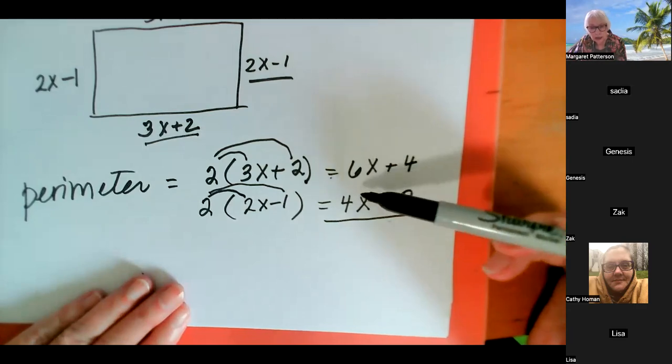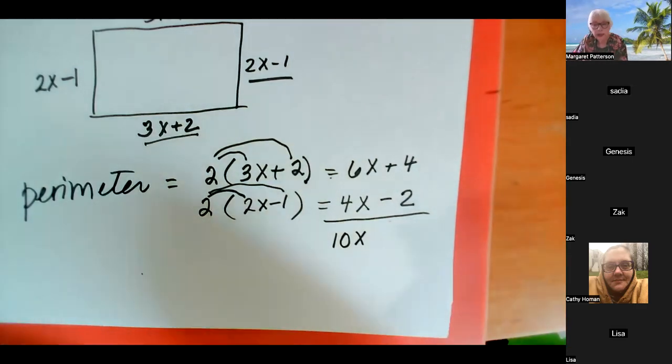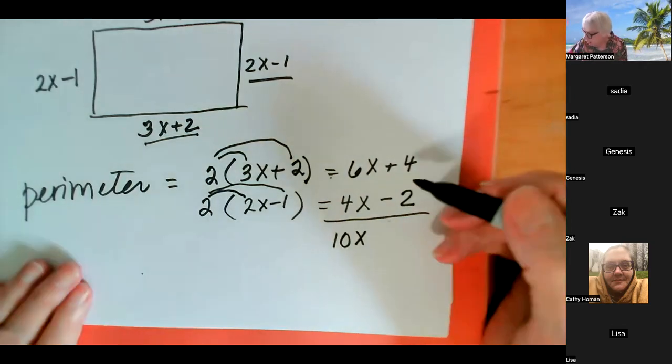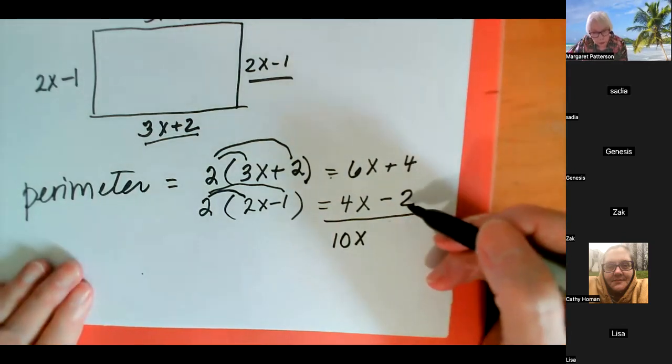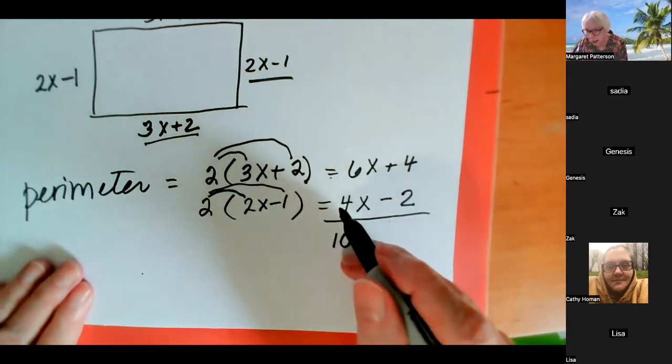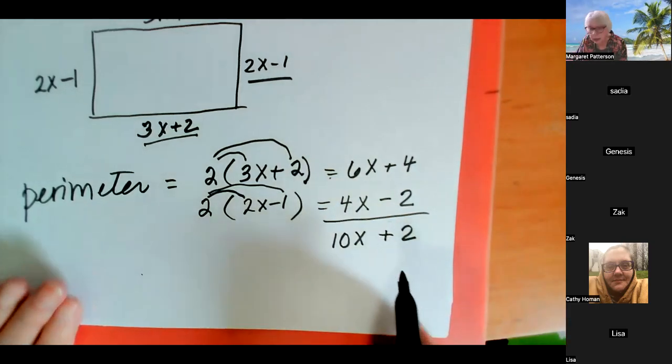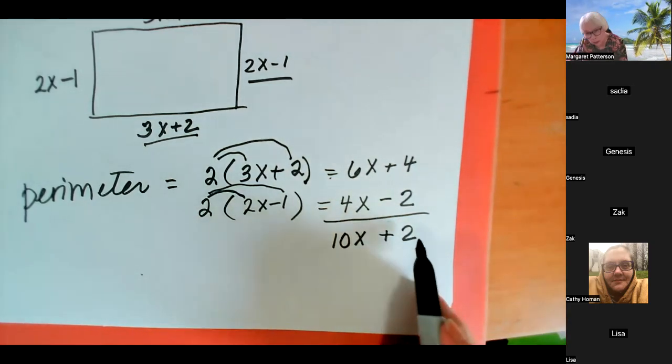So 6x and 4x total 10x. And plus 4 and minus 2 are separate terms. They're not like terms. So you would just say plus 2. And so you have to have a sign to say you went to the next type of number.